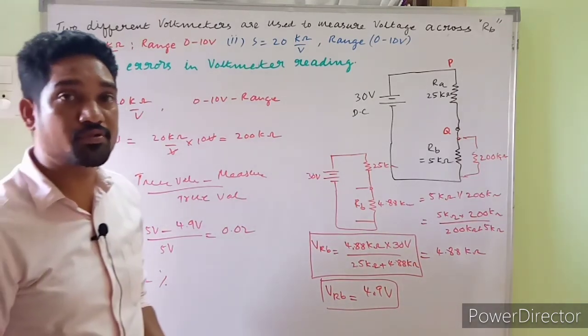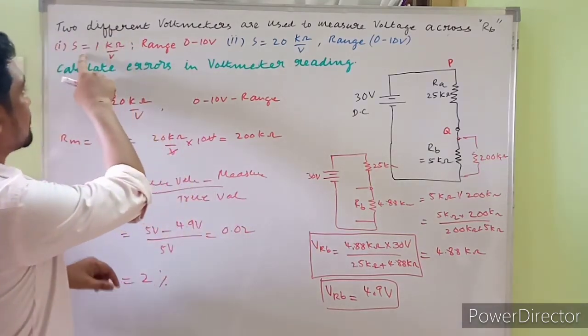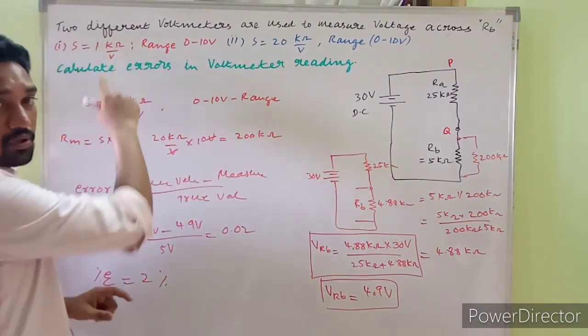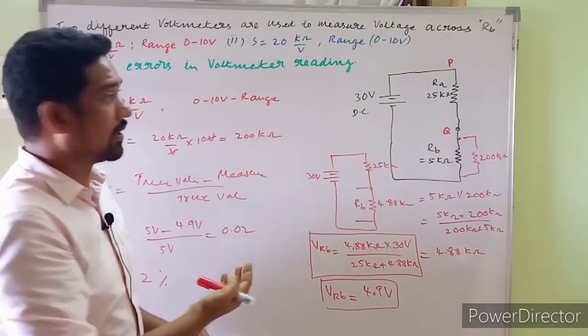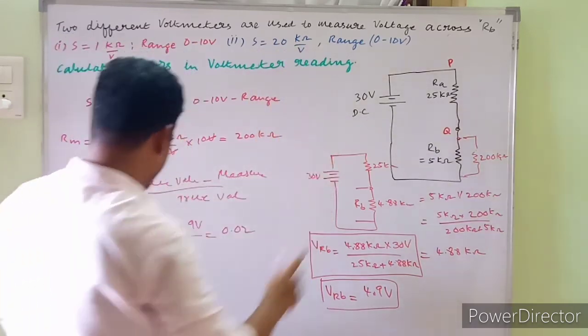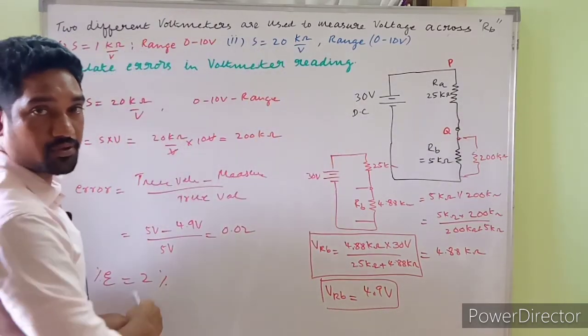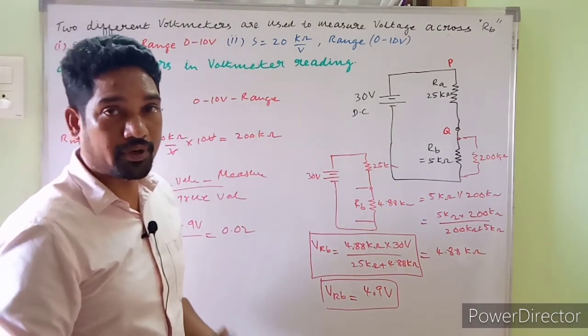So what interpretation is to be made from all these results? The first voltmeter, with a sensitivity of 1 kilo ohm per volt, gives rise to 30% error, and the second voltmeter, with a sensitivity of 20 kilo ohm per volt, gives rise to 2% error. So what interpretation is to be made in order to avoid the loading effect?